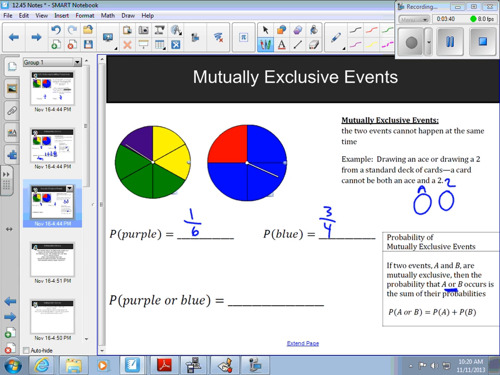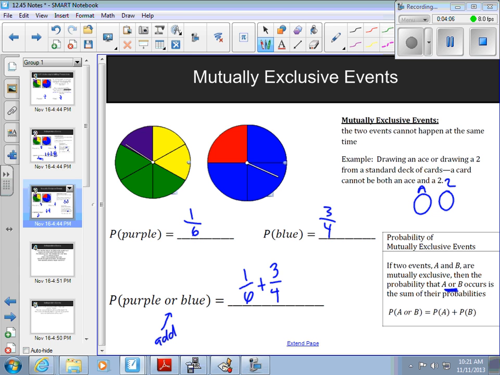So anytime you see or, that's an indication that you're going to add the probabilities together. You have an increased chance of something happening if you just need one or the other to happen. So in this case, we would take our probability of spinning a purple added with our probability of spinning a blue, because we only need one of the two to happen.